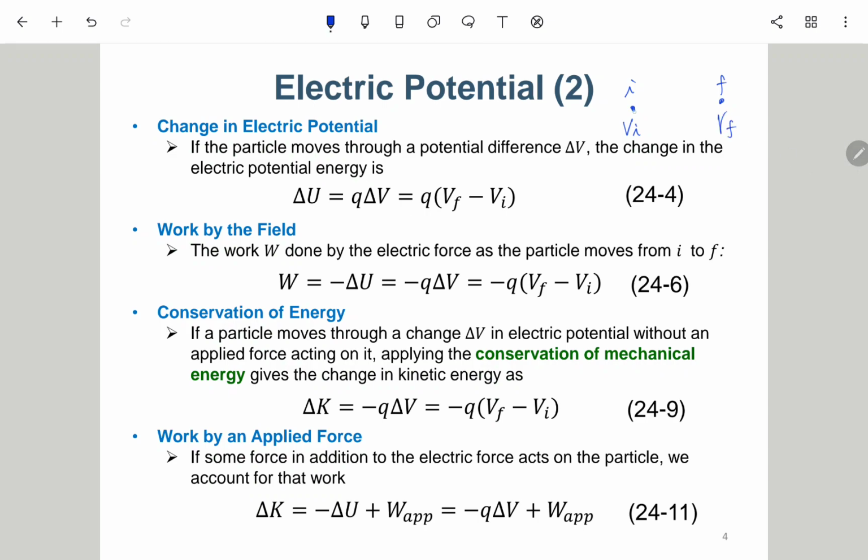Suppose you move a positive charge from i to f, then the potential energy will change, and the change is Q times delta V, Q times Vf minus Vi, nothing special. This is similar, so W is just negative delta U, which is negative Q delta V.